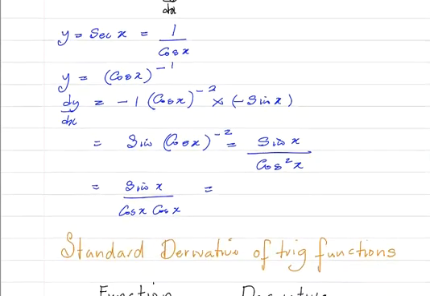So this is the same as saying 1 over cos x times sine x over cosine x, which is equal to sec x, and sine over cos is tan x. So if we differentiate sec x, we're going to get what? Sec x tan x.